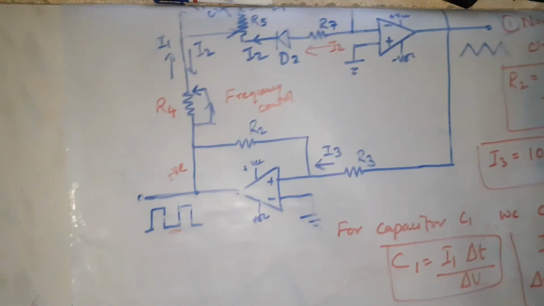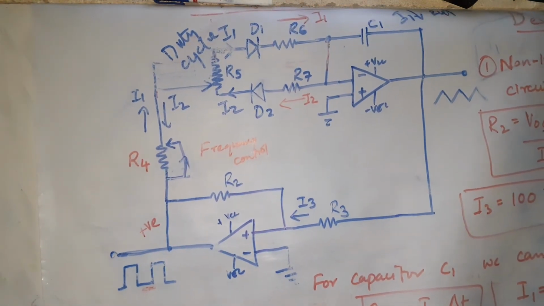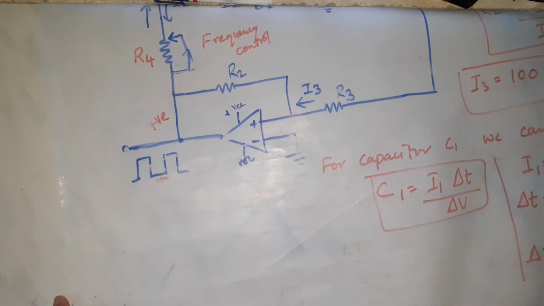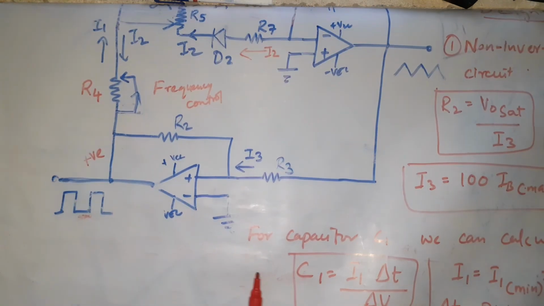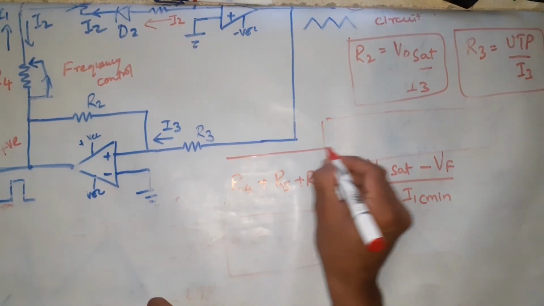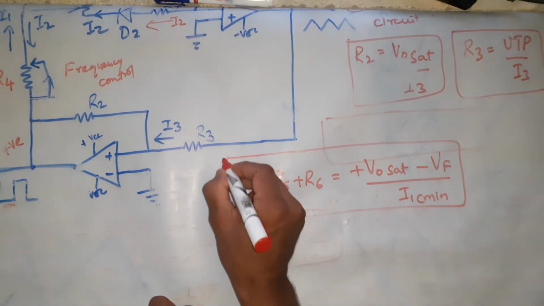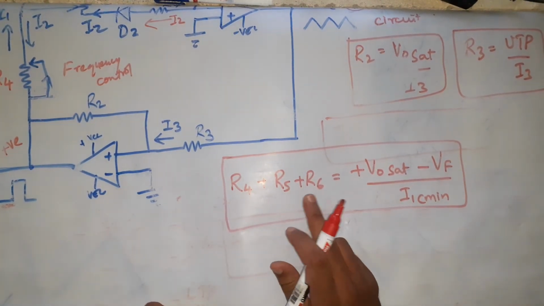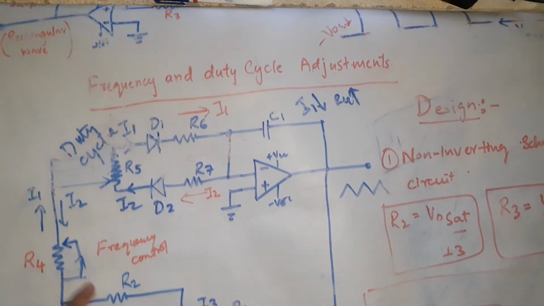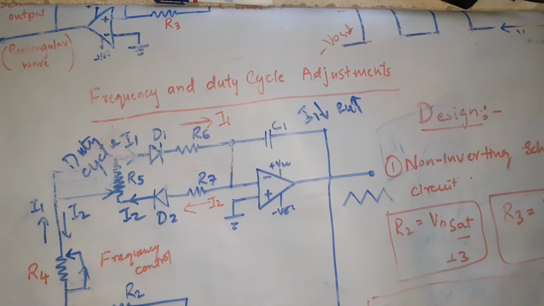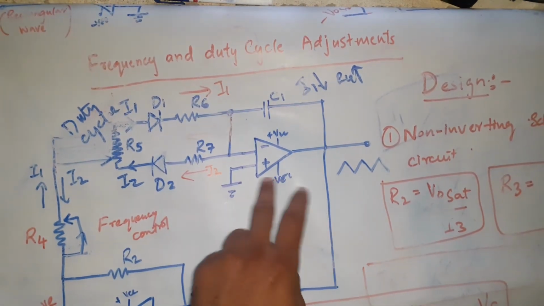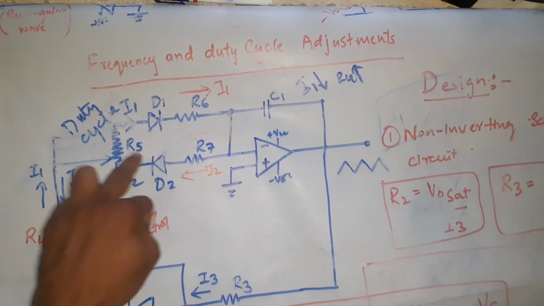Now what else is remaining? Yes, R4, R5, R6, right? We can write the sum of resistance R4, R5, R6. Why I have taken all three is because if current I1 is flowing, it has to flow through R4, R5, then R6, isn't it? And then current I2 has to flow through R7, R5, R4.